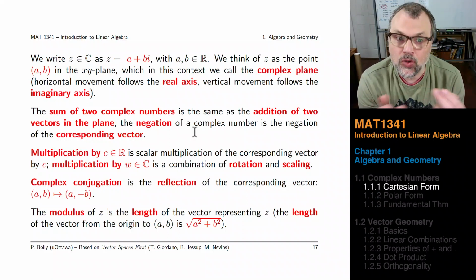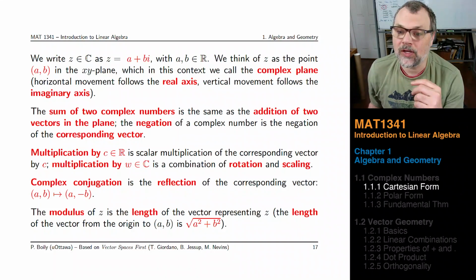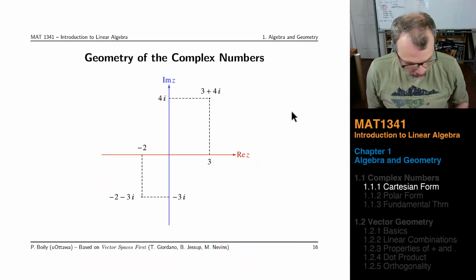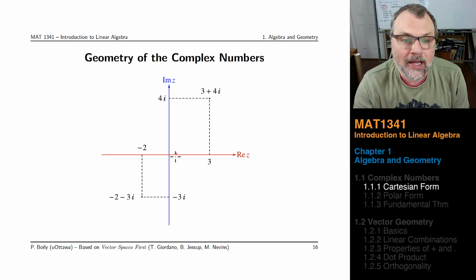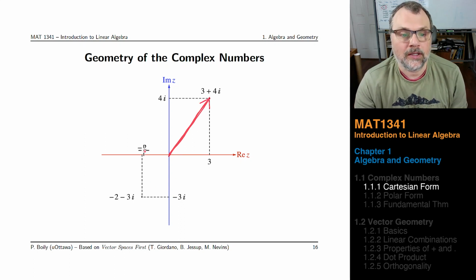How do you add two complex numbers together? You add them the same way you would add two vectors. So you'd think of 3 plus 4i as a vector here. And then 2 minus 3i would be this other vector, slightly different orientation.